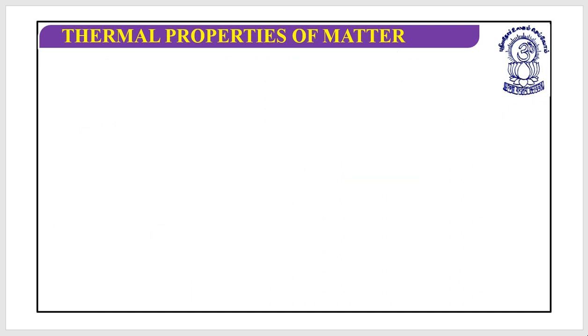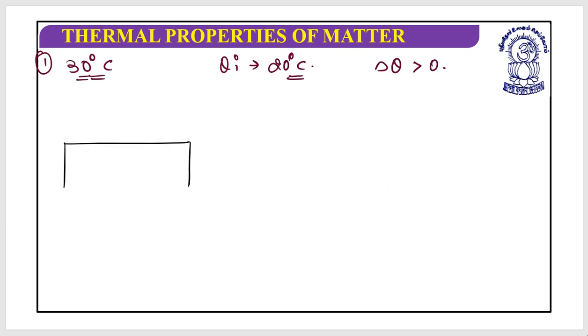Okay, great. So you must understand that this is the situation at 30 degrees Celsius. As it has been calibrated at 20 degrees Celsius and you are measuring at 30 degrees Celsius, your delta theta is greater than 0. So the length of the measuring tape will increase. But when the length of the measuring tape increases, the situation would be something like this.